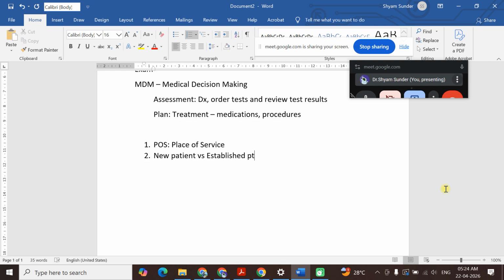Will she be an established or new patient for that particular doctor? Yes, that's a good question. It is with respect to the particular specialty. It's the same hospital, but we're talking about the particular specialty.